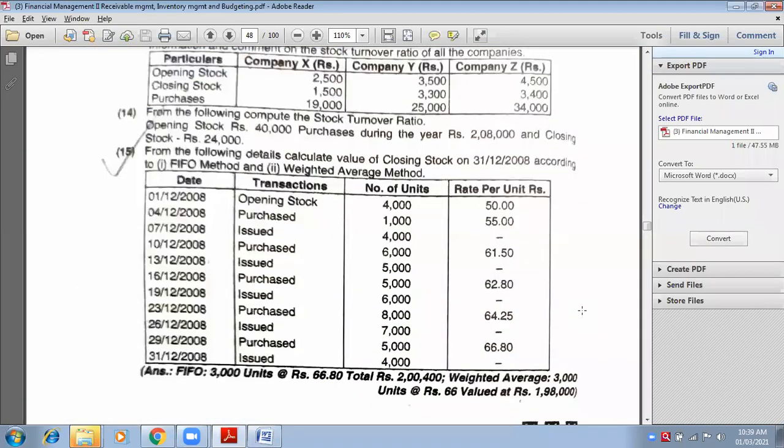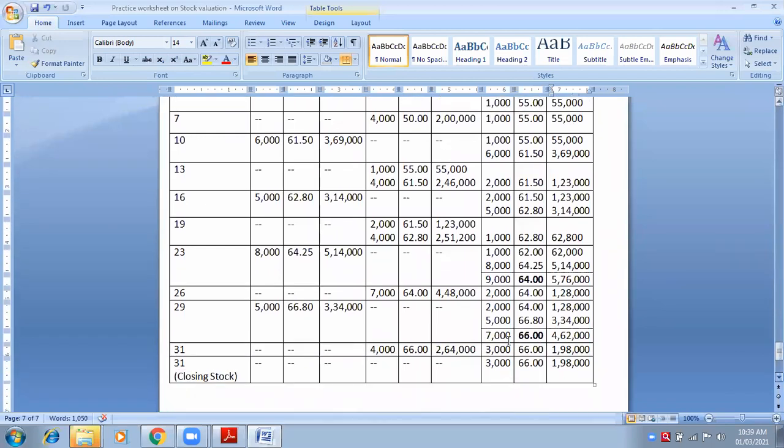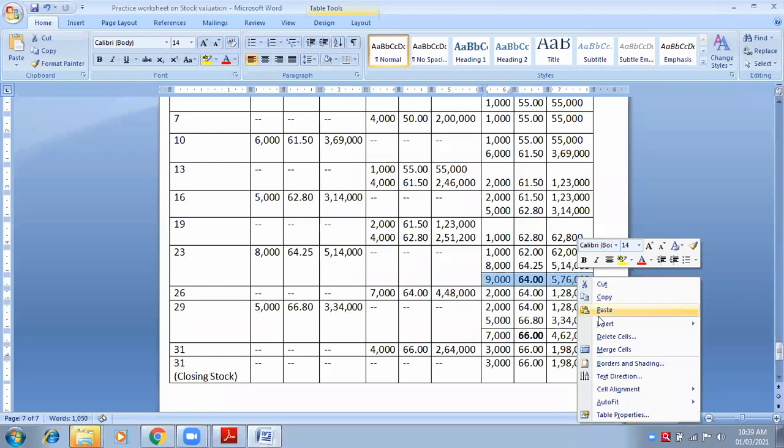After 19th, we have 23rd date, purchased 8,000 units at the rate 64.25. So we will write here 23rd date, receipt column 8,000 into 64.25, and your answer will be 5,14,000 in the amount column. Now we need to just copy down and bring those balances in the balance column. 1,000 will be copied down.